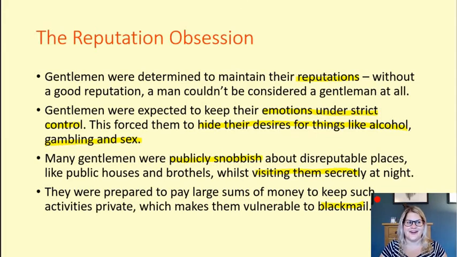But really, they'd kind of go into the depths of a city at night and frequent these places. And that's how they ended up getting blackmailed. And they would spend a huge amount of money paying people to keep quiet for them, because that idea of reputation was so central to a Victorian gentleman. So pause it again, write down some key things, and then carry on when you're ready.